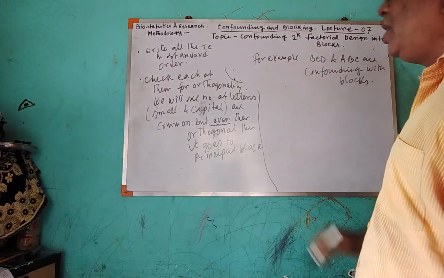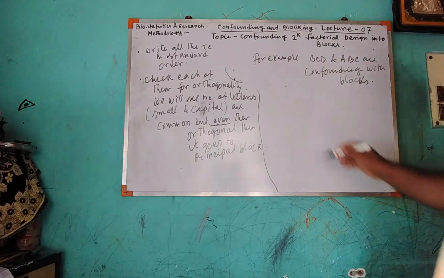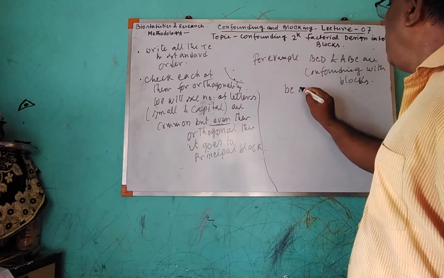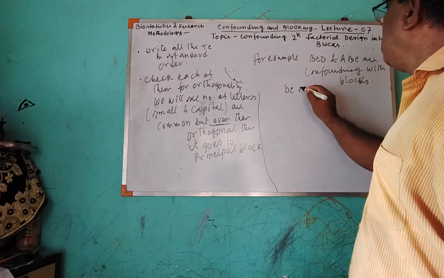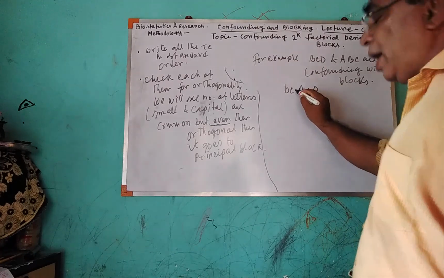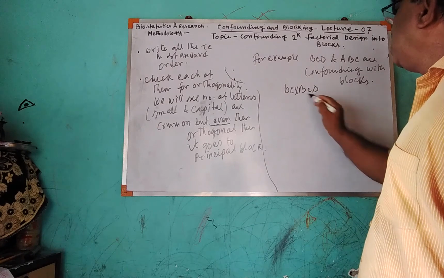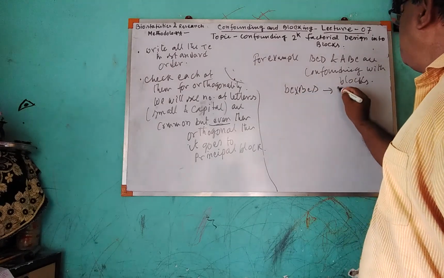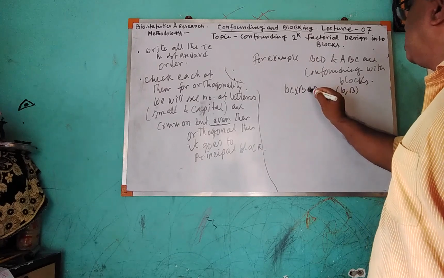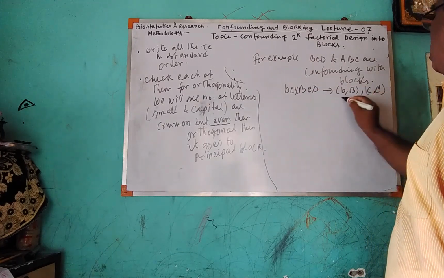We have to check each treatment combination. Say I am checking BC. If I multiply BC with BCD, you see B is common, and C and capital C are common.